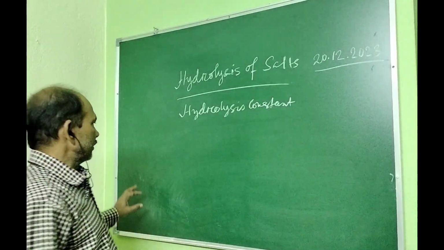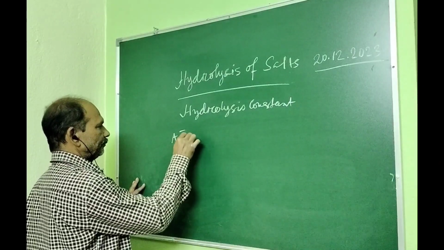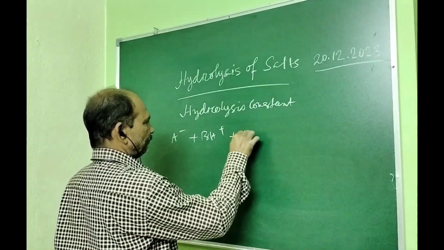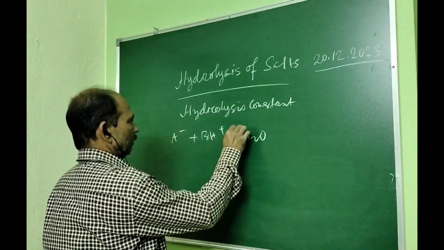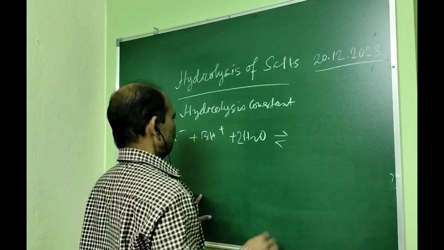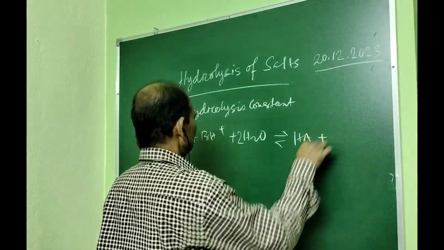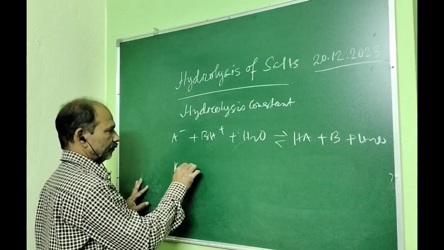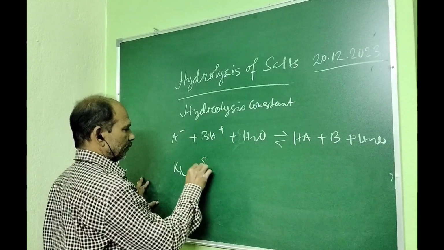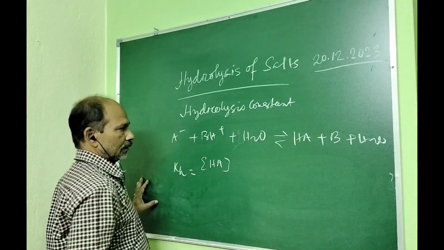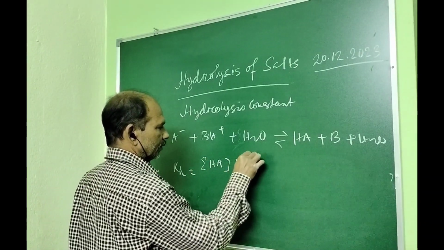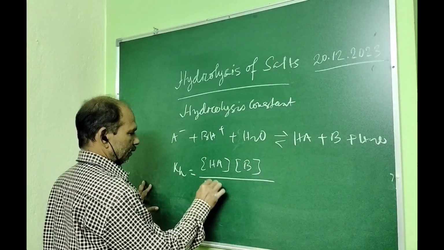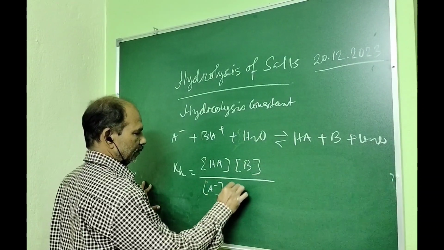For both cation and anion, A minus plus BH plus plus water, you get HA plus B. Kh equals concentration of HA into concentration of B divided by concentration of A minus into concentration of BH plus.